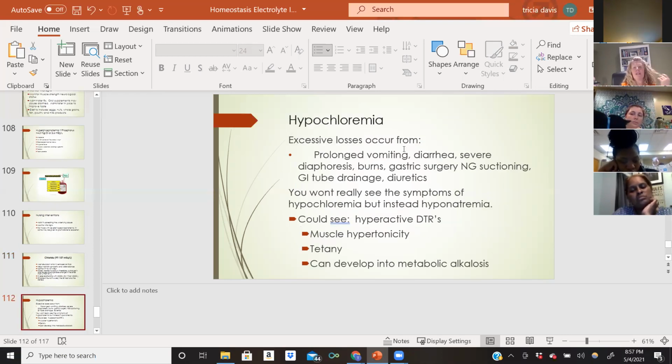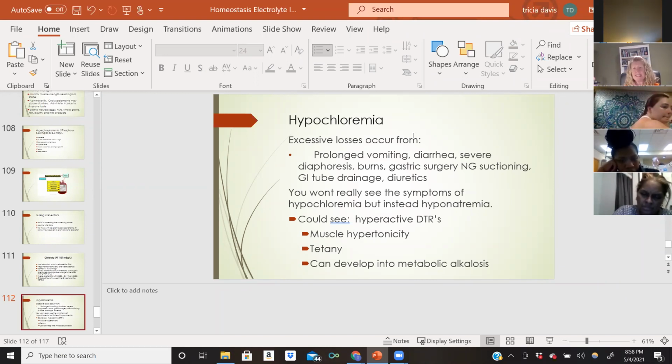So hypochloremia, excessive losses come from patients that have prolonged vomiting, if they have severe diarrhea, if they have severe diaphoresis, so severe sweating, if they have burns, gastric surgeries, NG tube suctioning, GI tube drainage, and then of course, diuretics.